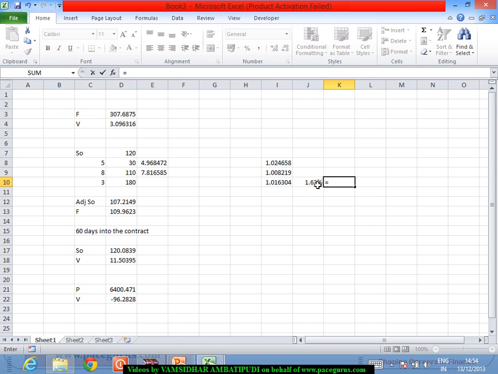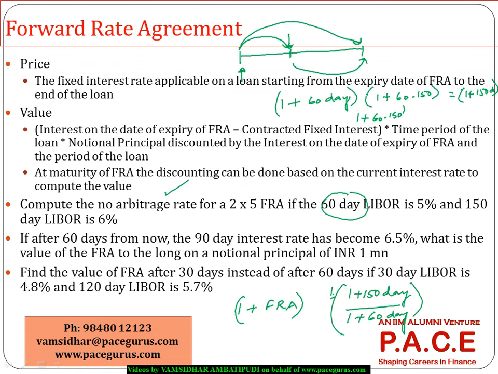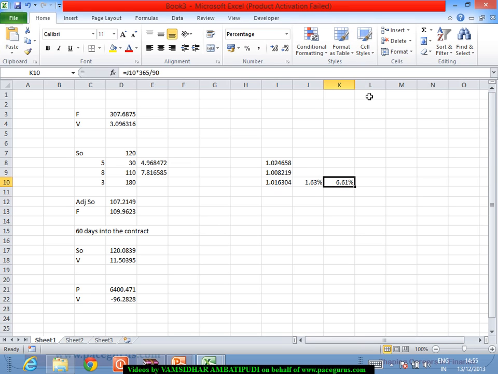I can annualize it, or make it for 365 days, by multiplying it by 365 by 90. This works out to 6.61%. So we are contracting at 6.61%.